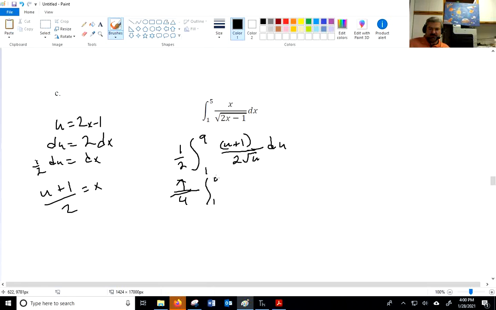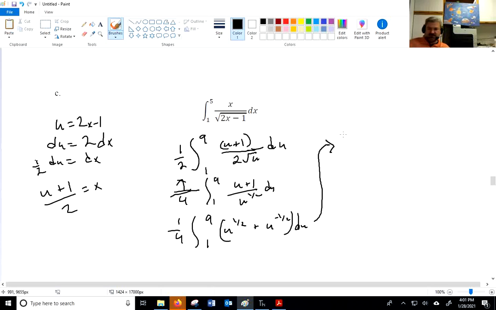The integral from 1 to 9, and this is u plus 1 over u to the 1/2 du, which gives me 1/4 times the integral from 1 to 9 of u to the 1/2 plus u to the negative 1/2 du. All right, we'll go ahead and integrate. I'll bring it over here. 1/4.